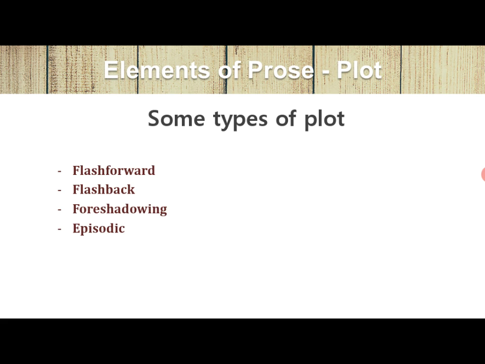It has, if I'm not mistaken, 13 or 14 chapters, and each chapter could be considered an independent story, a short story. But when those chapters are combined into one novel, the author herself told the readers that it is a novel. It means that it's a unity coming from those stories. That's episodic plot.